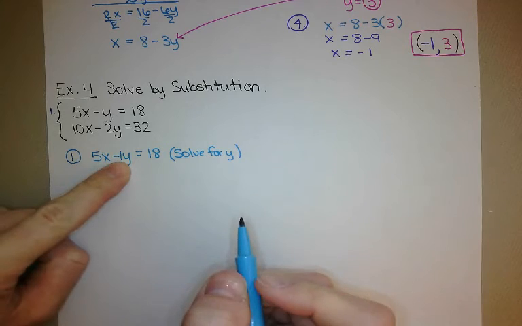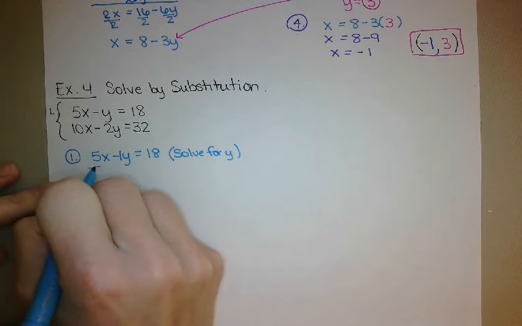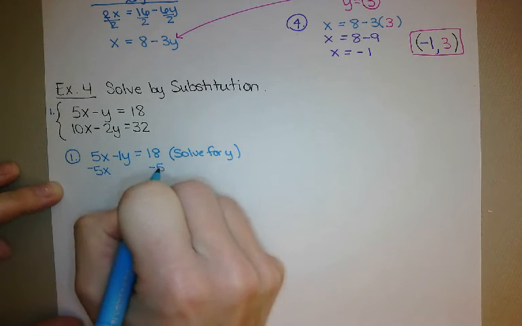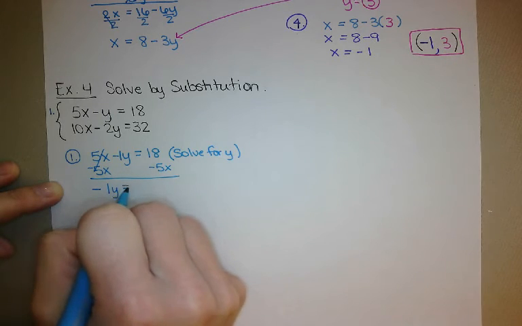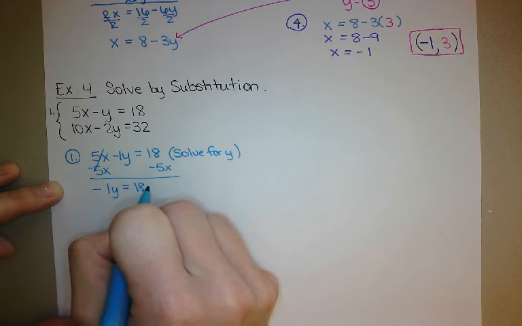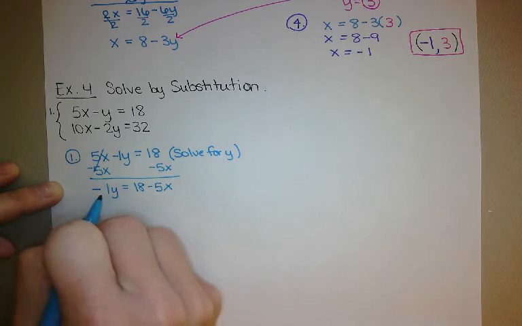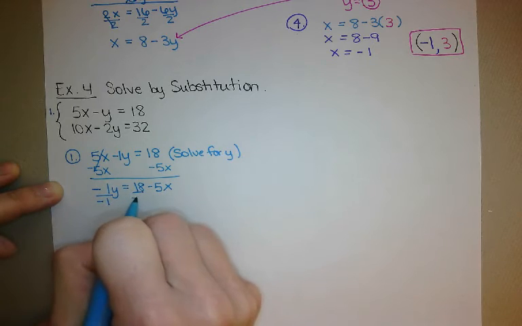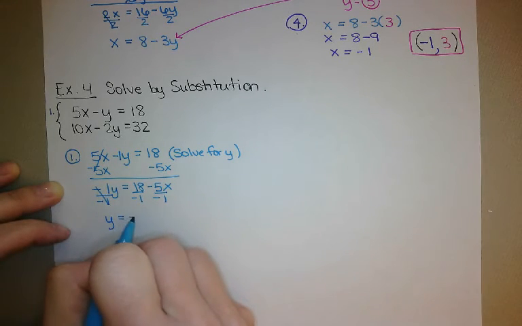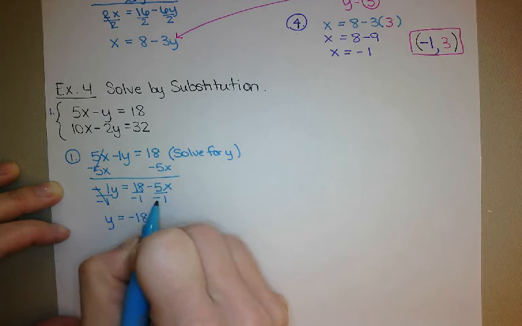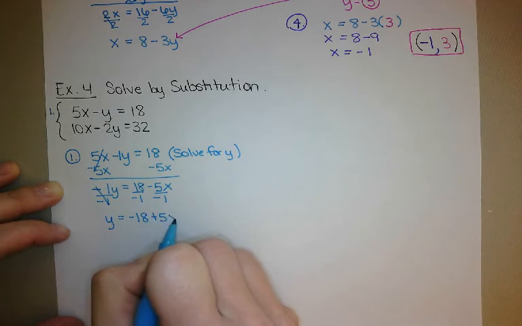So we're going to get that by itself. We're going to subtract our 5x over. So I have negative 1y equals 18 minus 5x. And then I need to remember to divide everything by a negative 1. So I get y equals negative 18. Negative divided by a negative is a positive.